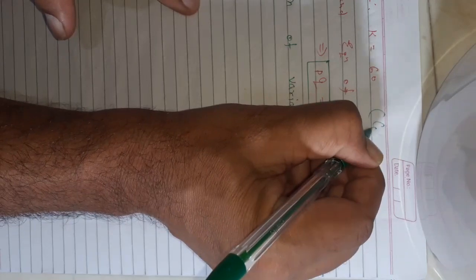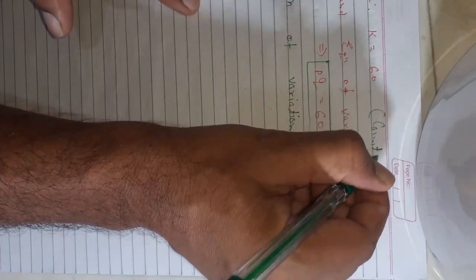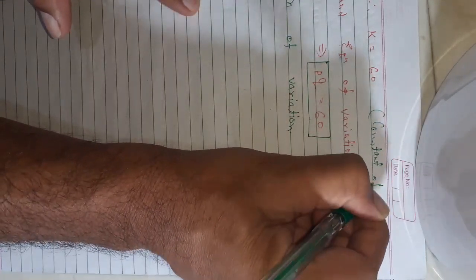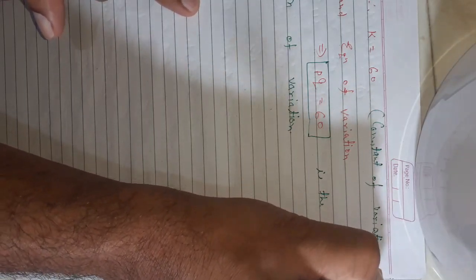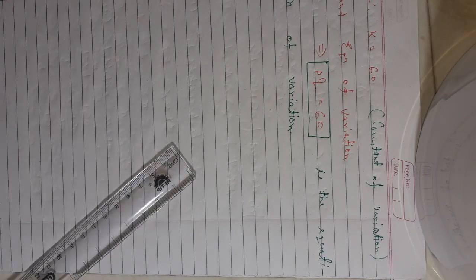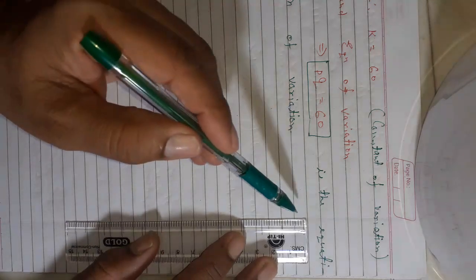This is the constant of variation. Clear? So you got here what you had to find out. So this is completed.